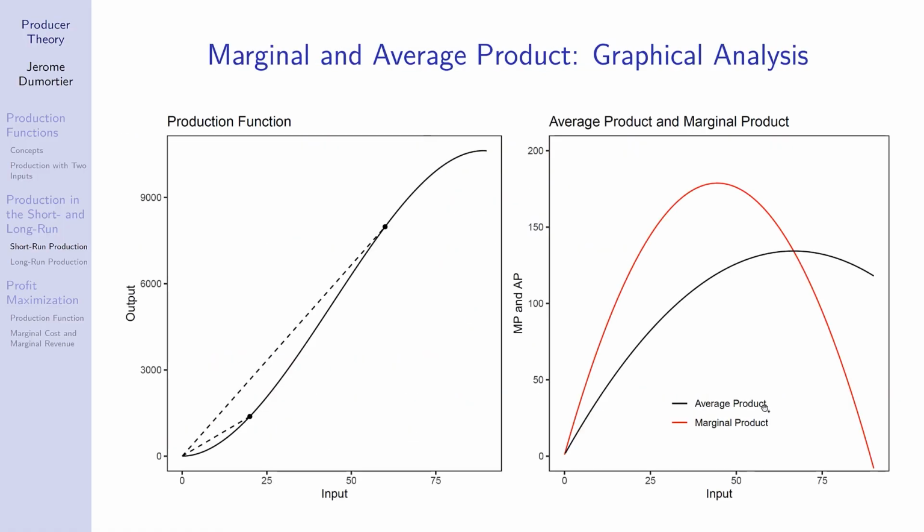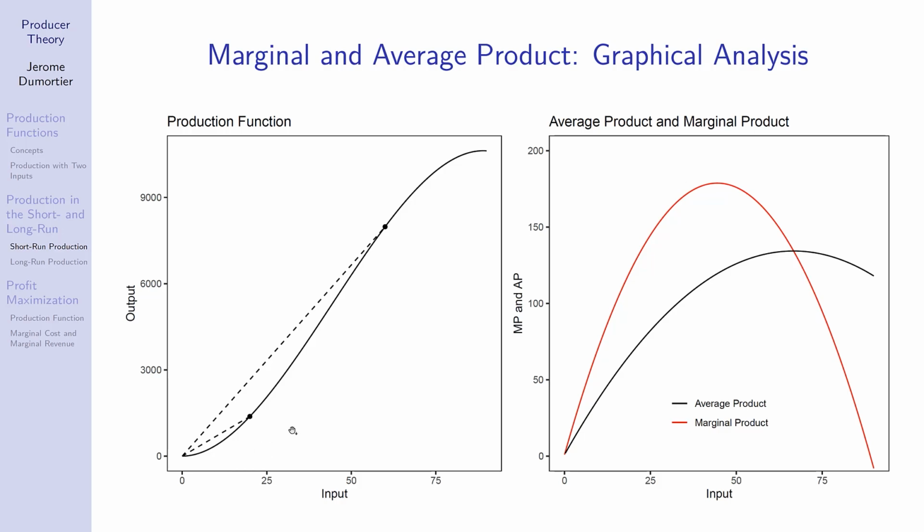Now let us look at the graphical representation here of the marginal and average product of labor. Note that on the left-hand side, you have the production function, where you have the input on the horizontal axis, output on the vertical axis, and you have this production function here.